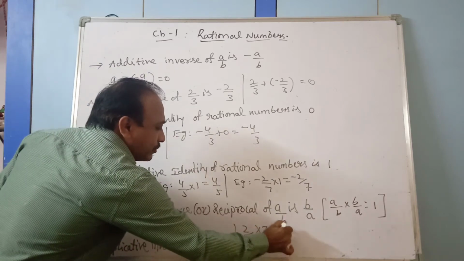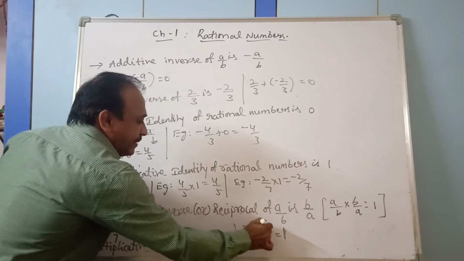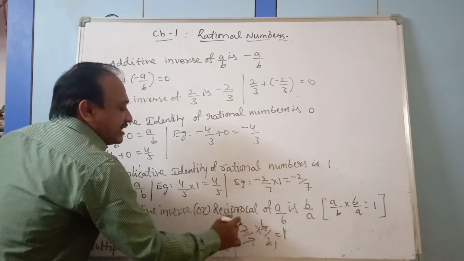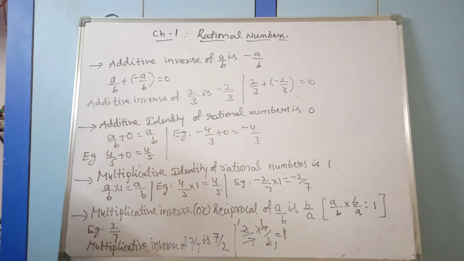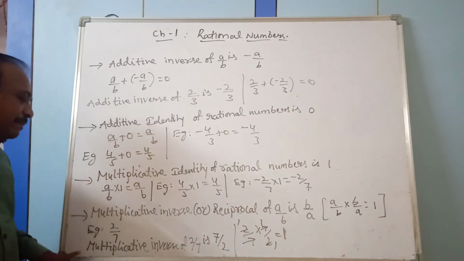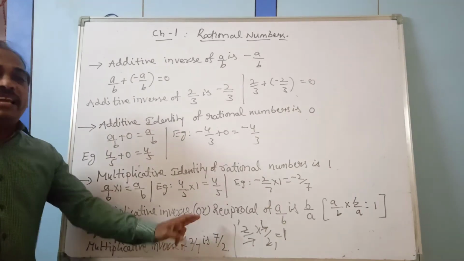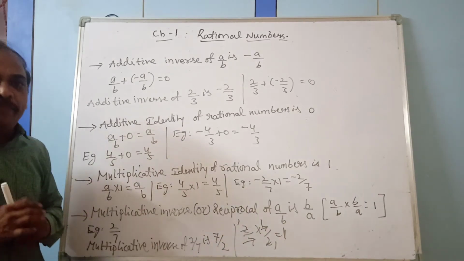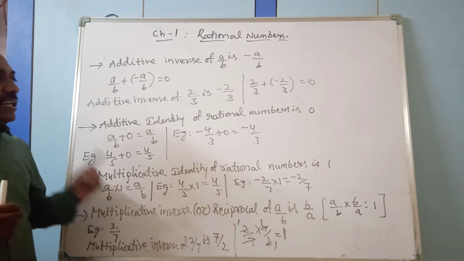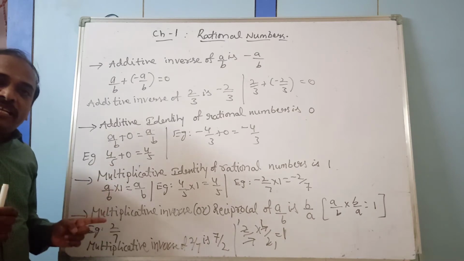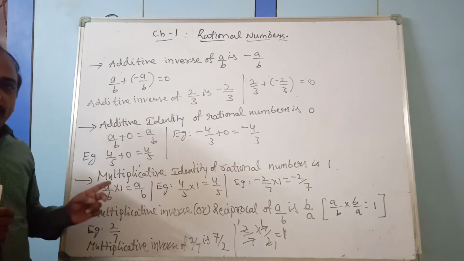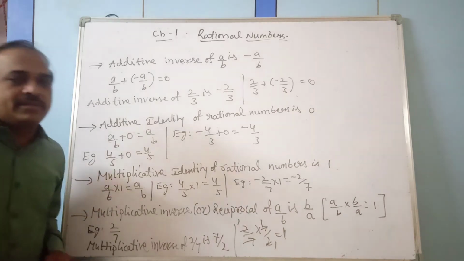How is it equal to 1? 7 ones are 7, 2 ones are 2, which is 1 into 1 is equal to 1. I hope it is clear. The multiplicative inverse of 2 by 7 is 7 by 2, interchanging the numerator and the denominator. Is it clear? Yes. Right.